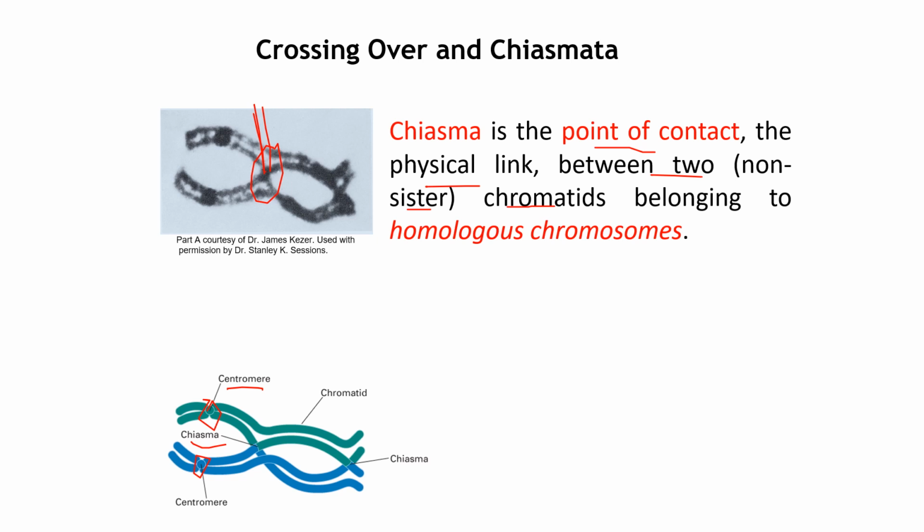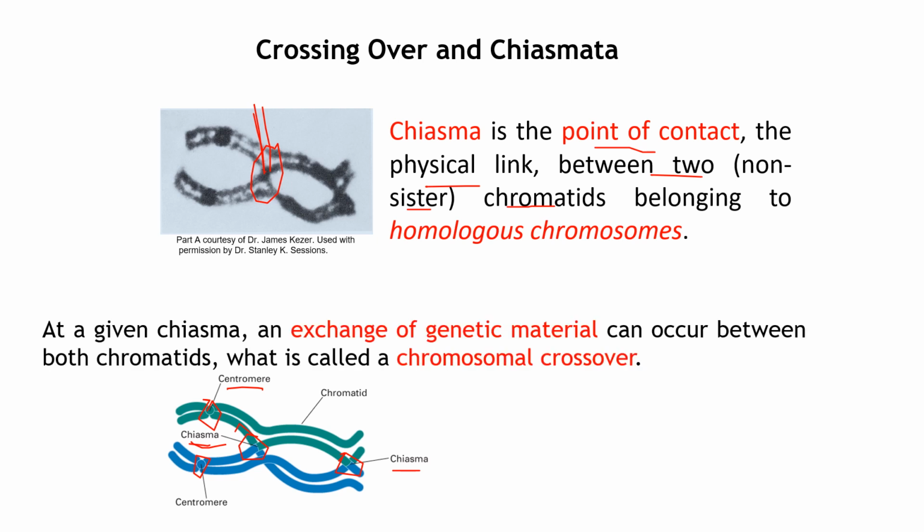Another important terminology is chiasma, which refers to the physical contact between non-sister chromosomes. In the chiasma, as we said before, is where the exchange of material can occur between both chromatids, and this process is called chromosomal crossover.